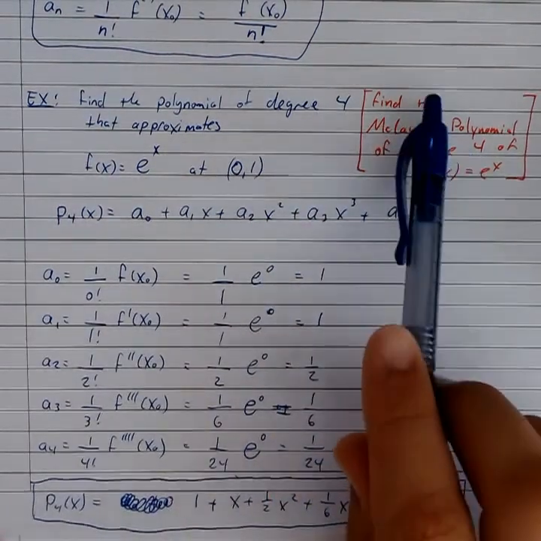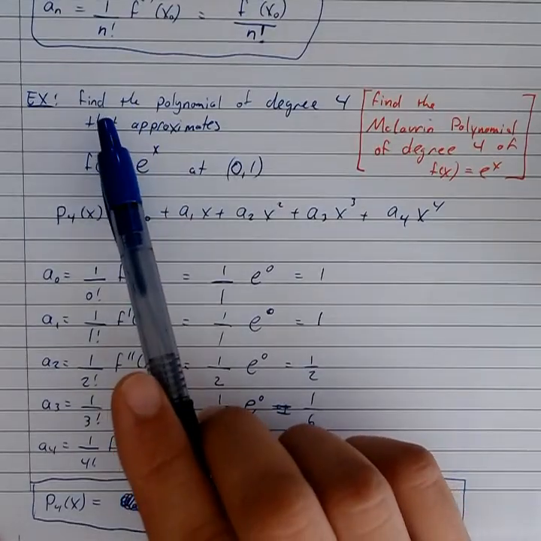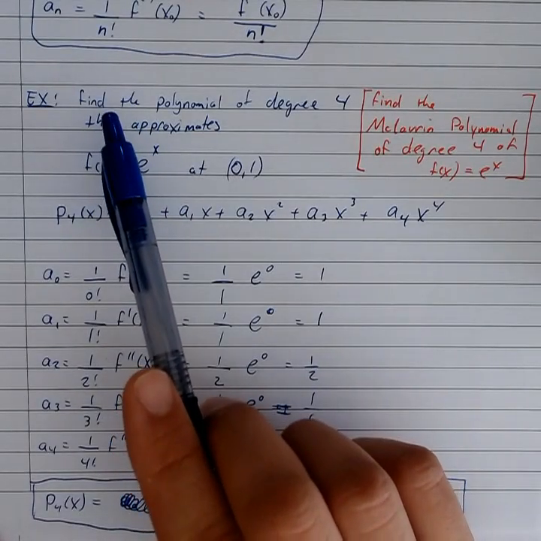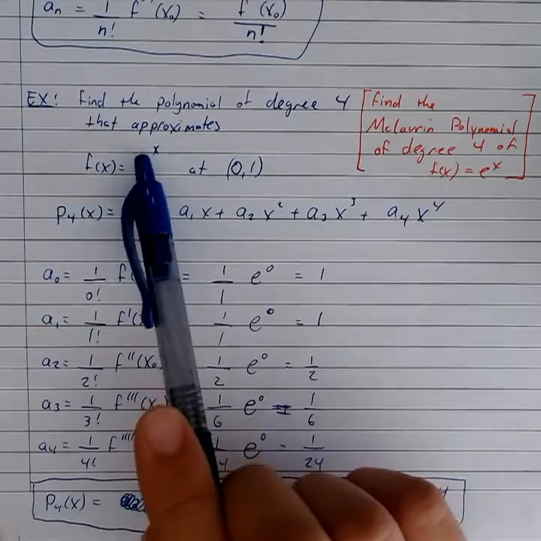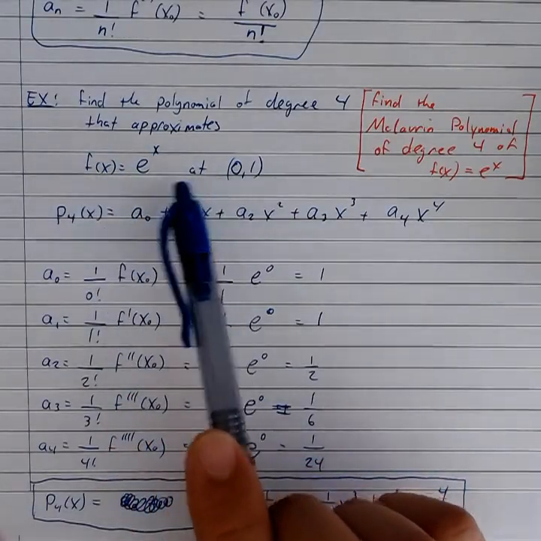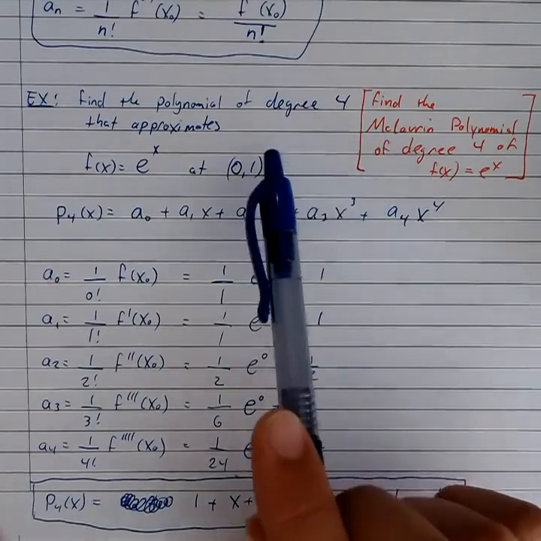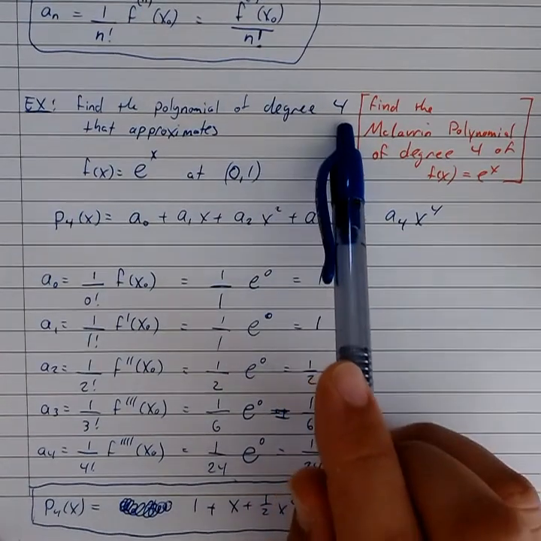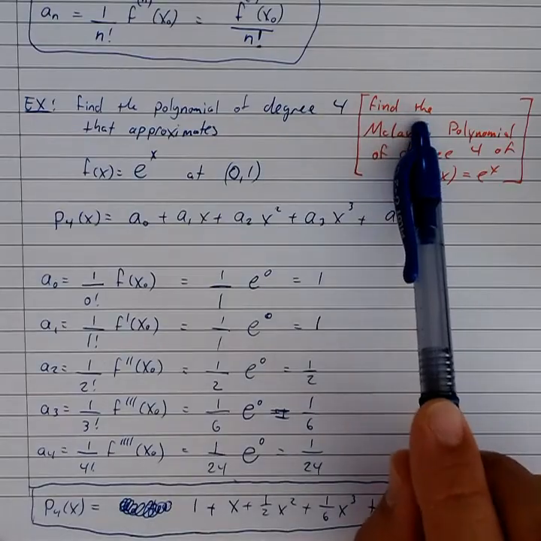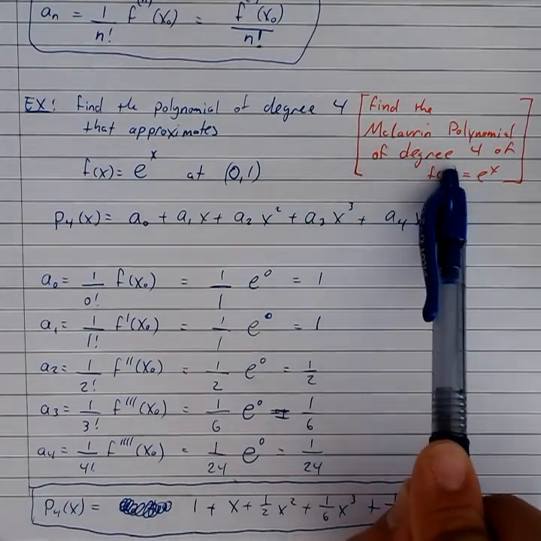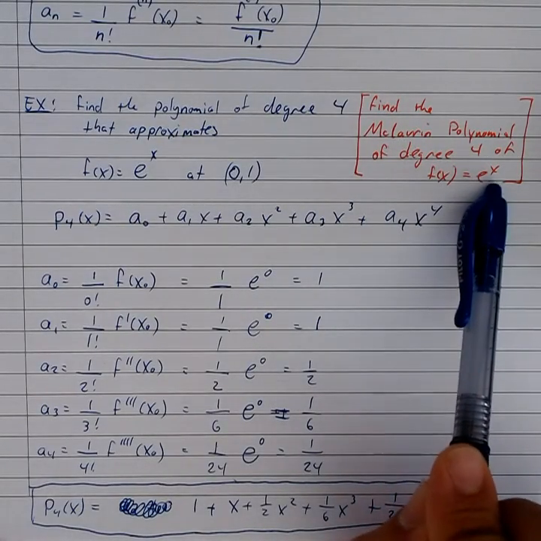Notice here I've relabeled this a bit. In the previous time we saw this example, we said find the polynomial of degree 4 that approximates this function at 0. Another way to state this is using our new notation, using our new language. We can say find the Maclaurin polynomial of degree 4 of our function, and that would say the same thing.